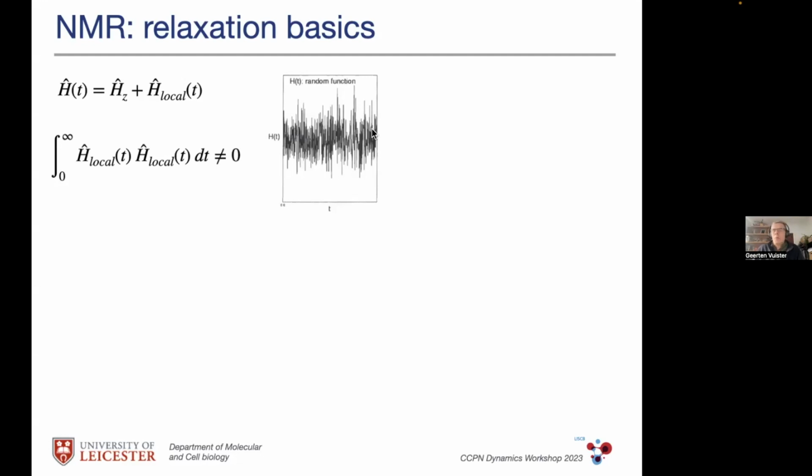Now, what I'm going to do now is introduce what is called a correlation function. It essentially says, okay, if I have a certain effect at a time t and an effect at a time some period tau later, and I multiply the two and then integrate, that is what is called a correlation function. It tells you how much whatever you have is correlated at time t and then some time tau later.